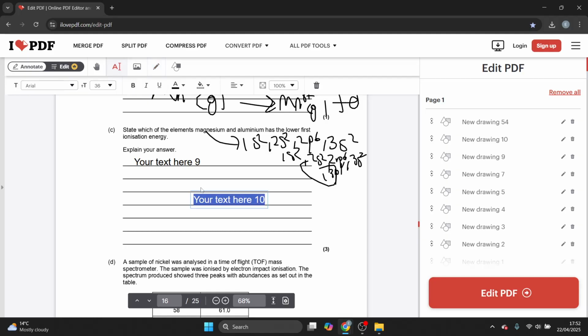Perfect. So aluminium is quite clearly going to have the lower first ionization energy, because it has its outer electron in a 3p orbital, which is further away from the nucleus, so easier to remove.